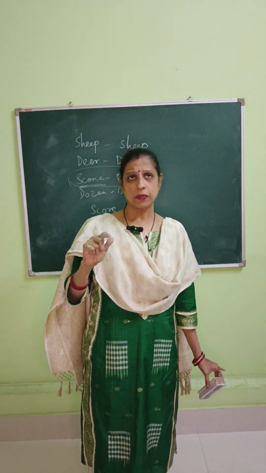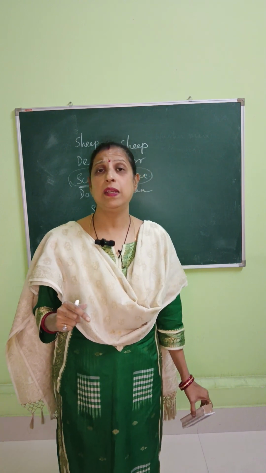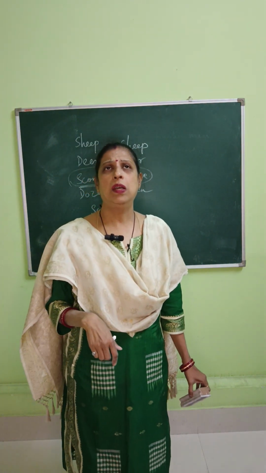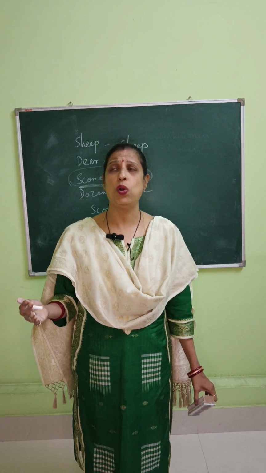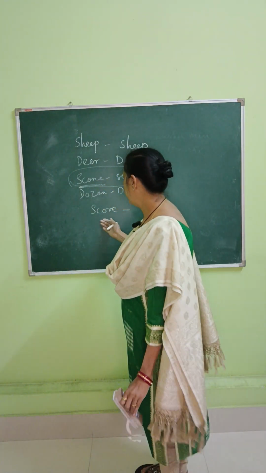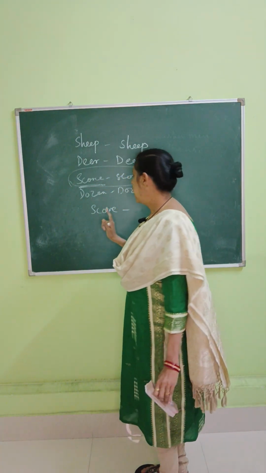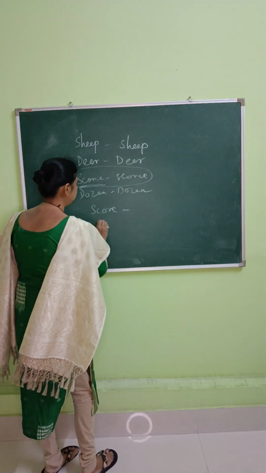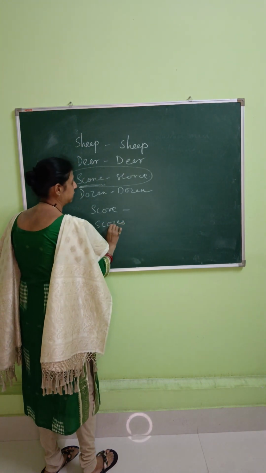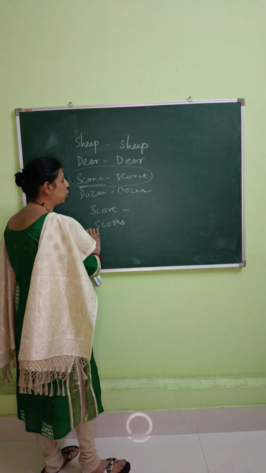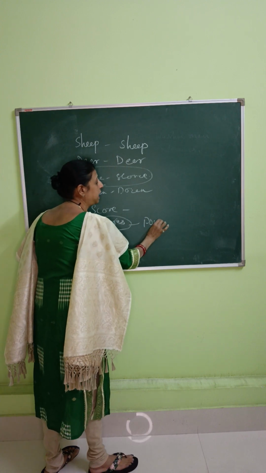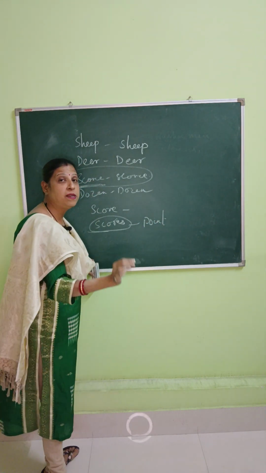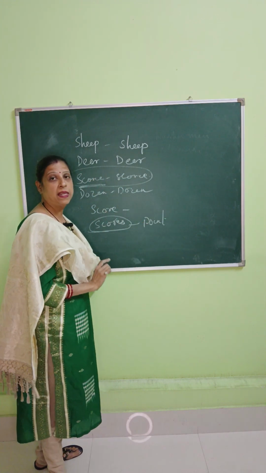Now, you might be wondering, then why do you say that she scores good marks in her exams, and what kind of score is this? Now, that score, SCORES, when we say that she scores good marks in her exam, it means that we are saying the number of points that the child is getting.